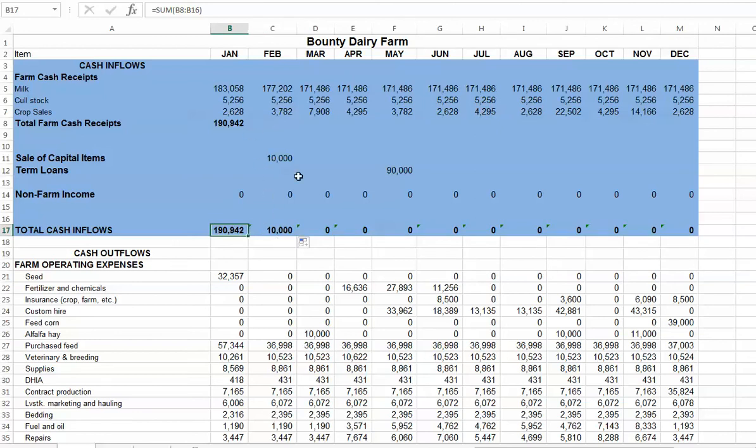Now you'll notice that didn't sum anything up here because there's simply not a value. But when you pull that across here like this, you'll see that it sums the cash receipts and now it sums the capital items. So now one of the things you should do is complete this cash income section or cash inflow section, excuse me, for the Bounty Farm, because there will be some quiz questions over some of the values.